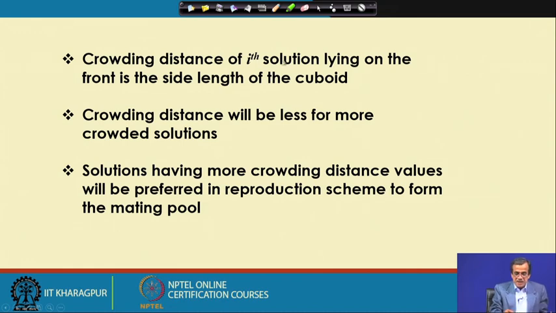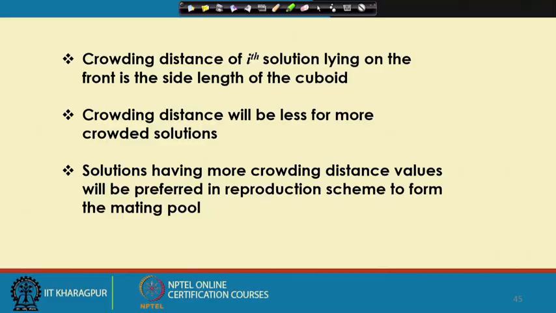The crowding distance value of the ith solution lying on the front is the side length of the cuboid, which I have already discussed, and the crowding distance value will be less for a more crowded solution, and for the end points the crowding distance value will be very high.